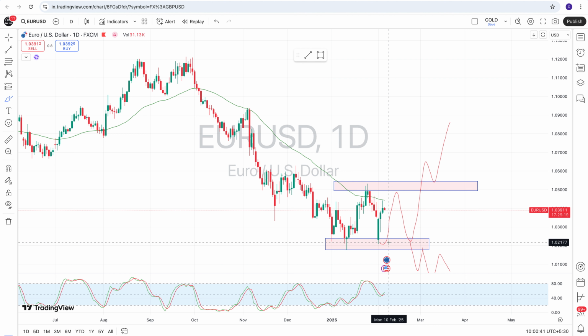It exactly reaches this seller zone, and all the buyers have entered here, and then it may actually go a little bit higher and test exactly the same seller zone again.